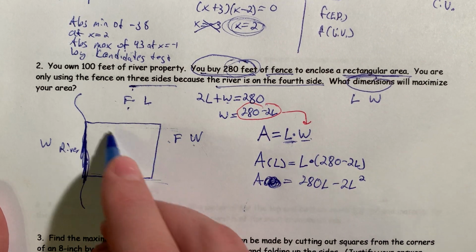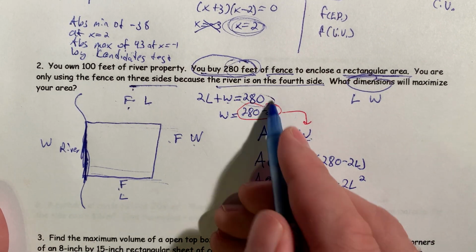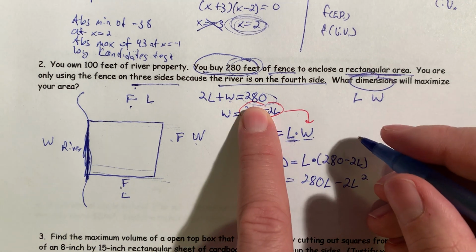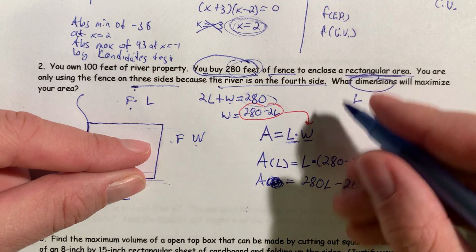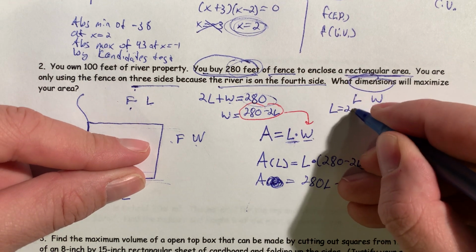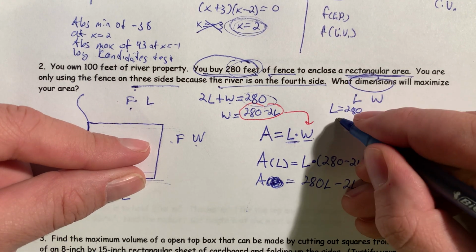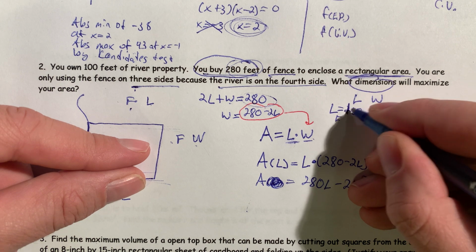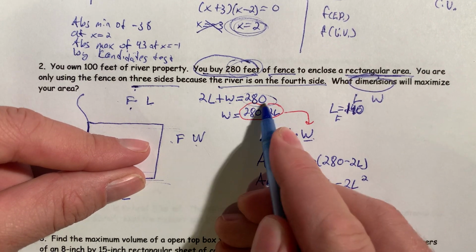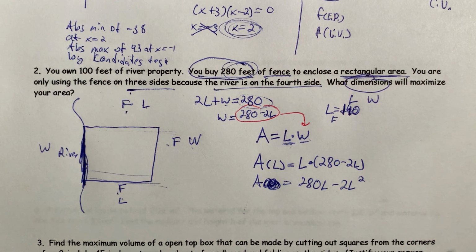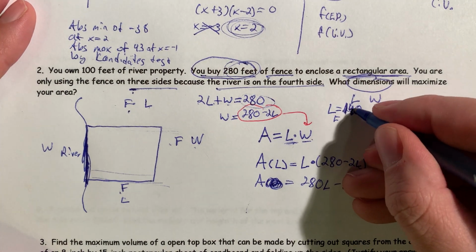And since there have to be two lengths and we only have 280 feet, even if the width goes to 0, even if we make it super narrow, the length is never going to get higher than 280. Sorry, not 280, 140, because if the length is 140, 2 times 140 would be 280. And even if we add in 0, that's what's going on there.